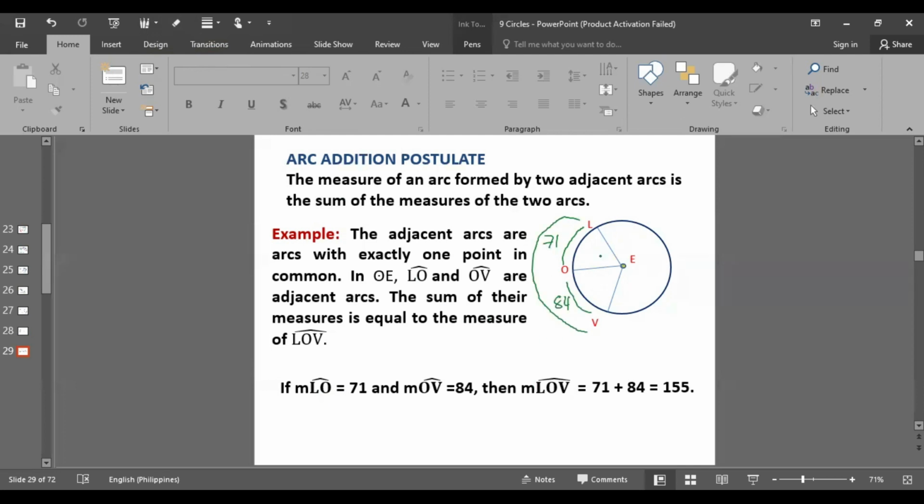Then, to get the measurement of arc LV, it's not LOV, it's arc LV, since it is a minor arc, it doesn't reach 180 degrees based on the figure. So you just have to add the two arcs LO and VO. So it's 155. Okay, that's for the arc addition postulate. So as simple as that.